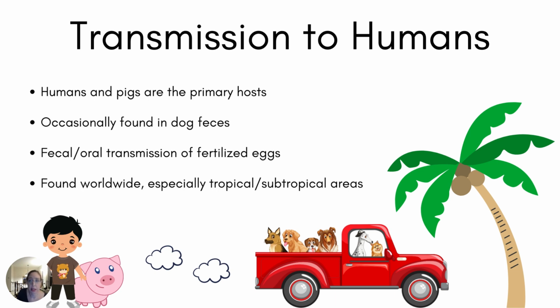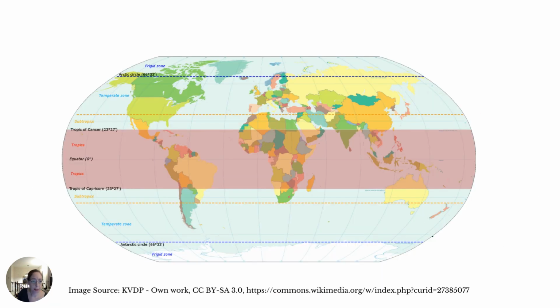Now, this transmission of the worm can take place worldwide, but it especially takes place in tropical and subtropical areas. So just as a reminder, if you'll remember from elementary geography, we have the Tropic of Cancer and the Tropic of Capricorn, and these lines of latitude are what define the tropics. But what may not have been covered in your class was the subtropics, and the subtropics extend out beyond the tropics.